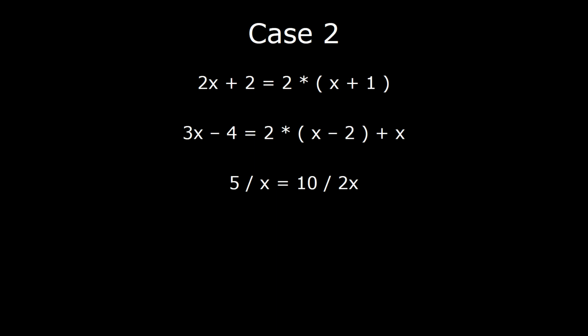But the LHS of the original equation was 2x plus 2 as well. Therefore, the equation becomes 2x plus 2 equals 2x plus 2. But what does this mean? This means that this linear equation has infinitely many solutions.